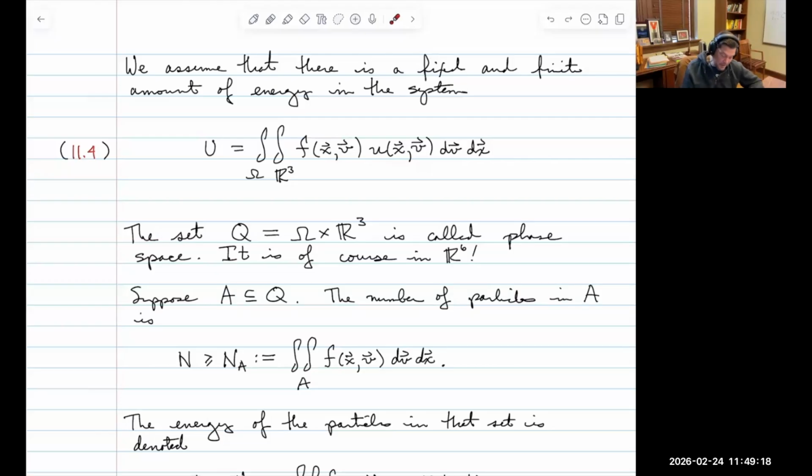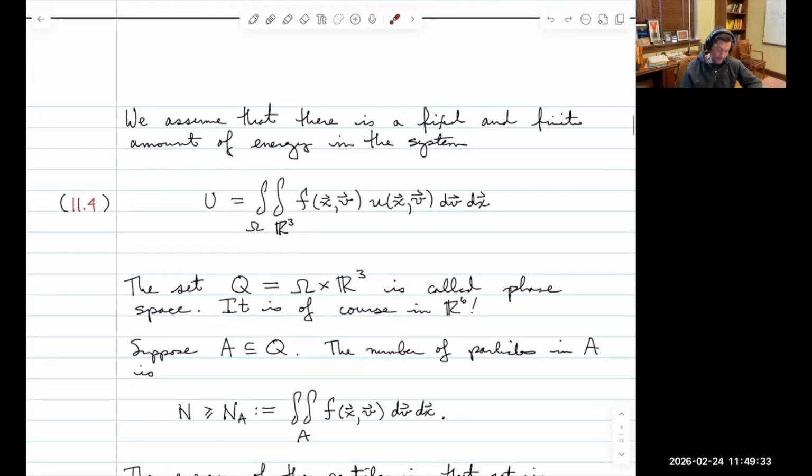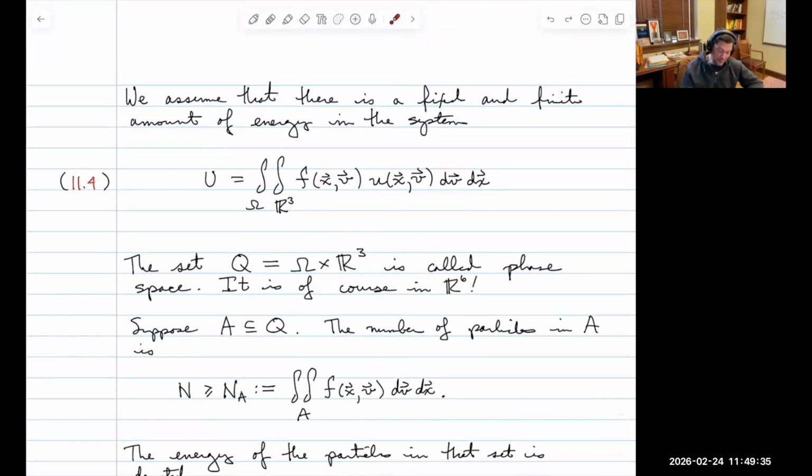So if you give me a function f, what is f? F was our number density function above. It's everywhere non-negative, and it integrates to N. I'm going to define the total energy of the system as the integral of F times U over this space called phase space. And that has to be a fixed finite number U.